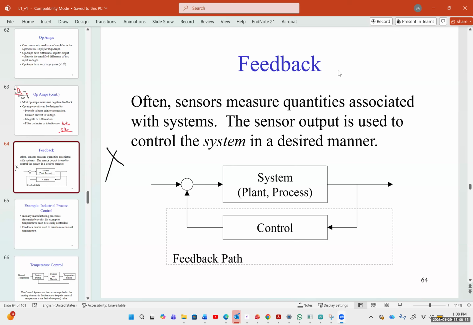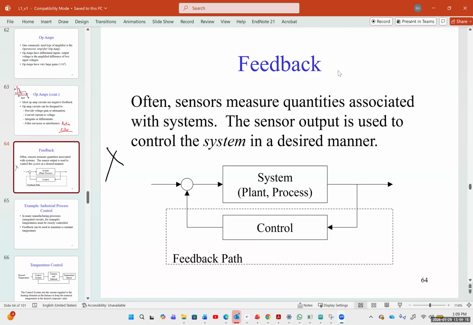Most systems that we have usually have a feedback system, especially if we have a control system. And the feedback is mainly to have some sort of control over the output. So in some measurement systems, if we want to have control, we need to have feedback.